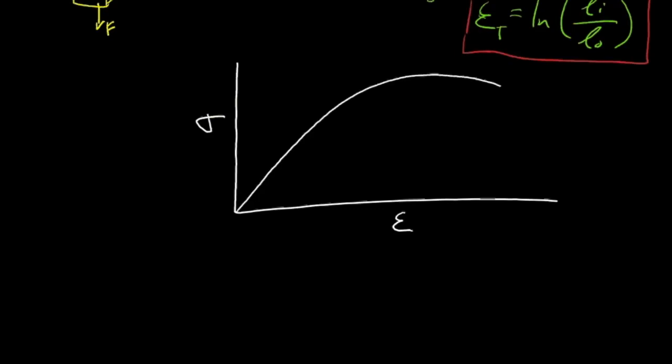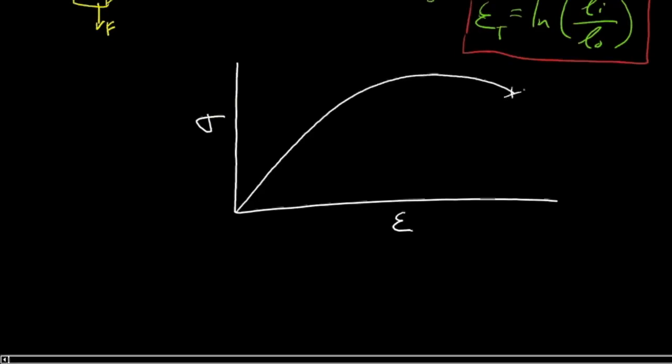That's the engineering stress strain curve. Then after it starts to plastically deform, I'll plot the true stress. This one continues to increase. It doesn't have that decrease at the UTS. That's the true stress, true strain curve, and this one is, of course, engineering.